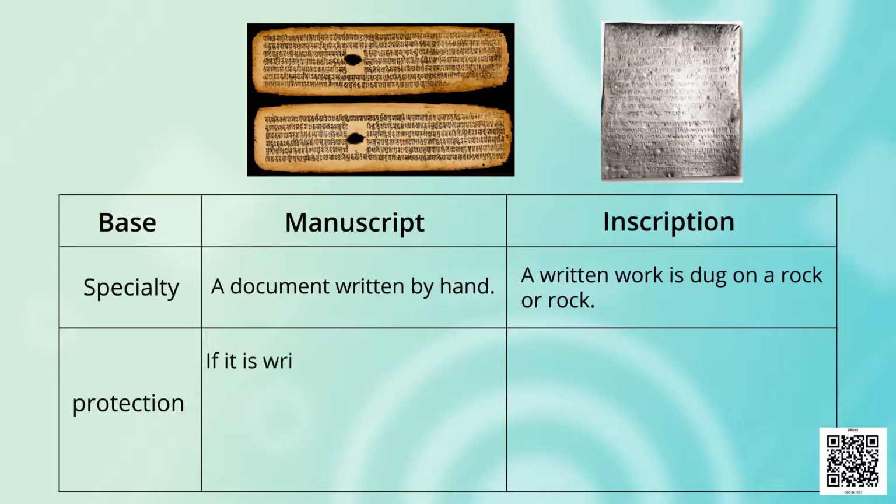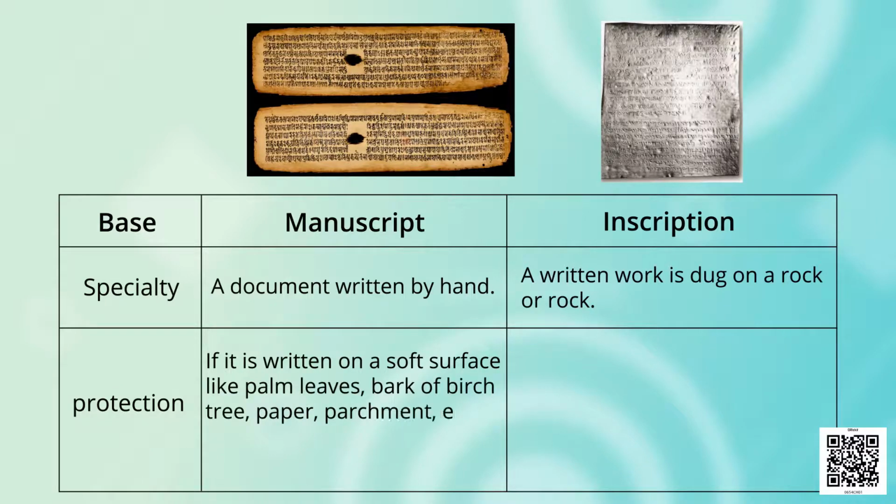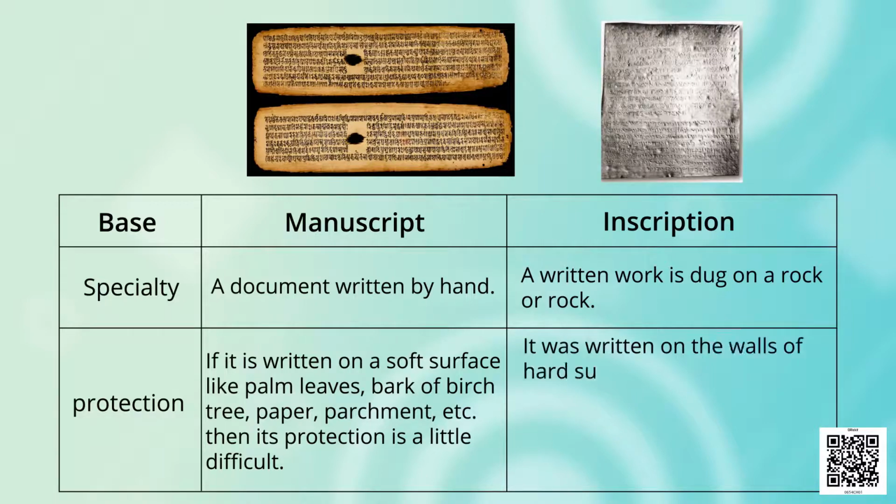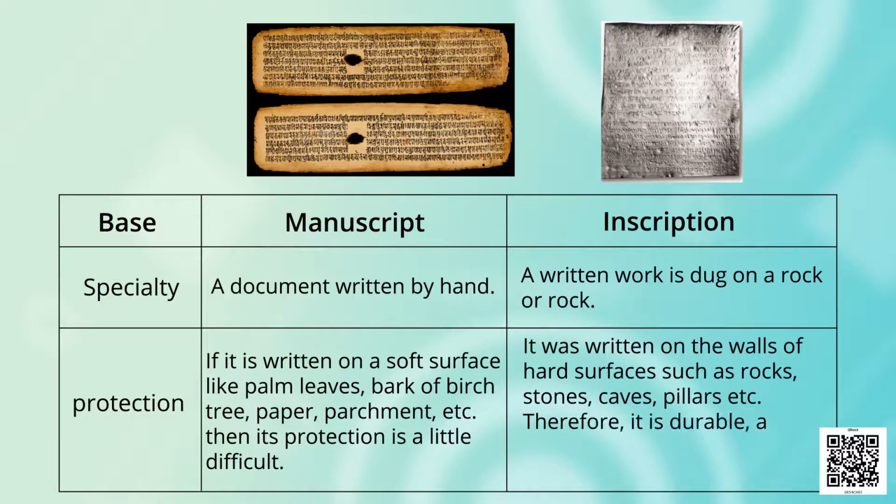A manuscript, if it is written on a soft surface like palm leaf, bark of a birch tree, paper or parchment, then its protection is a little difficult. On the other hand, an inscription was written on hard surfaces such as rocks, stones, caves and pillars. Therefore, it is durable and conservation requires no special effort.